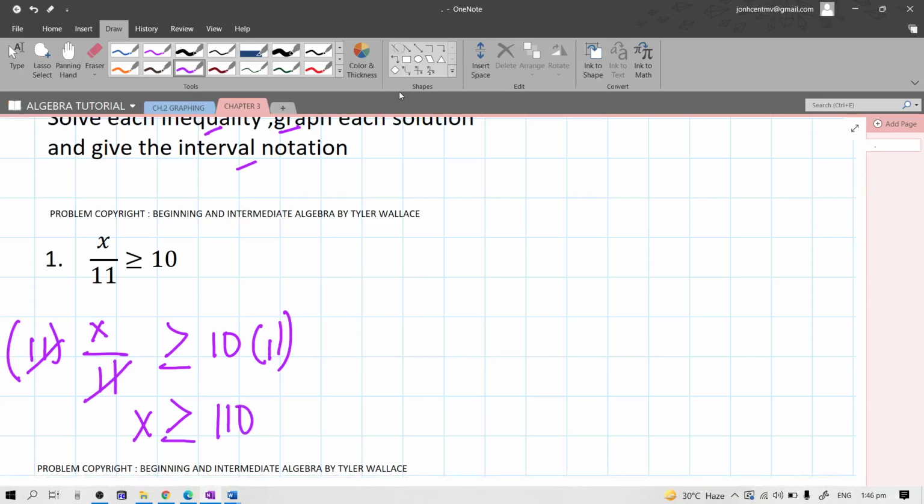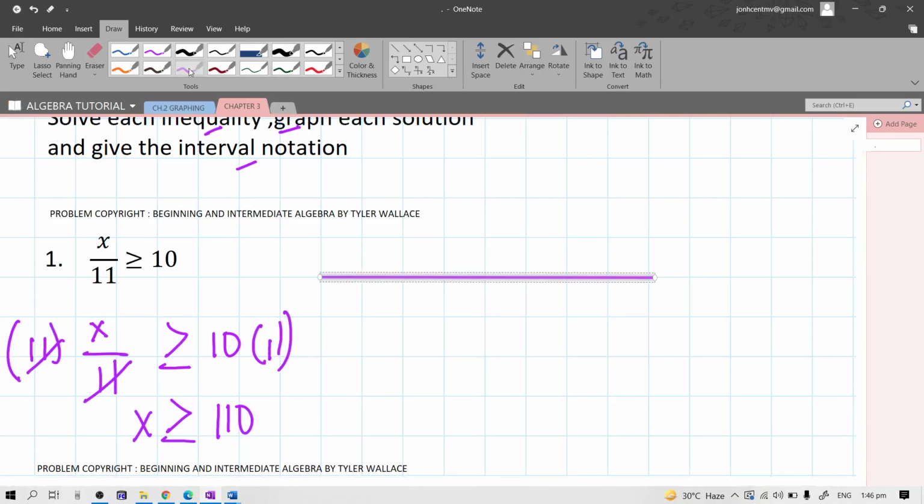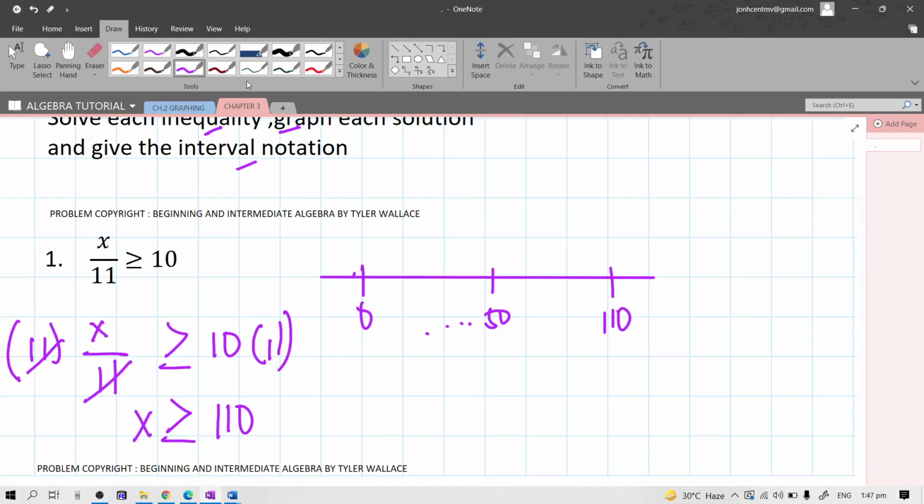If we graph it, let's say this is 0, 50, and 110. So, any number greater than or equal kay 110.